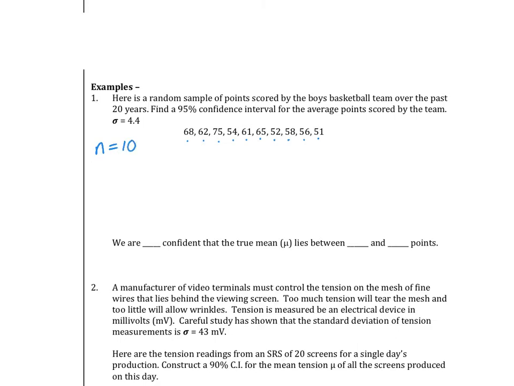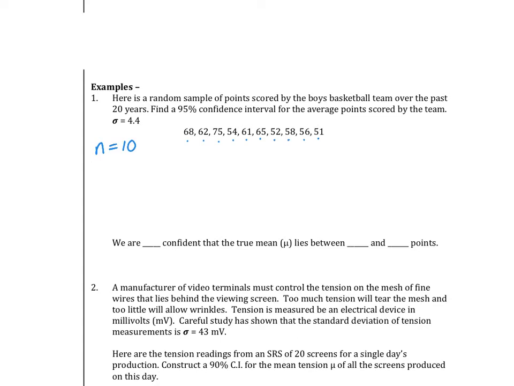So we're saying if we take these 10 games, can we figure out where the average number of points is for the last 20 years? Now, just so you know, this would be really, really hard to do, because there might have been 500 games played in the last 20 years.